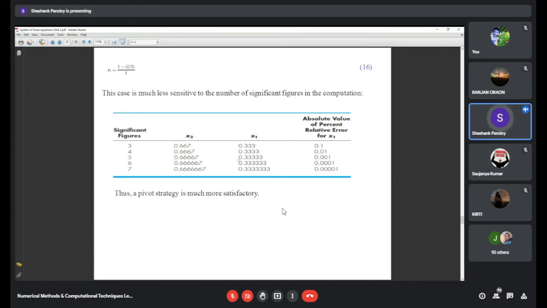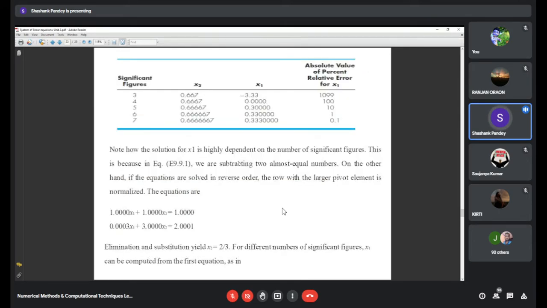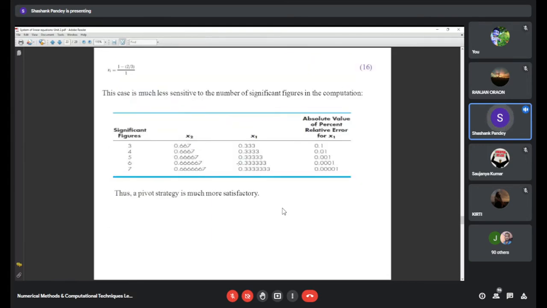Almost all the results are giving me a close answer of 0.33. So I made a simple rearrangement in the representation of this system of equations, and I'm getting the correct answer in the third decimal place. This is called pivoting.